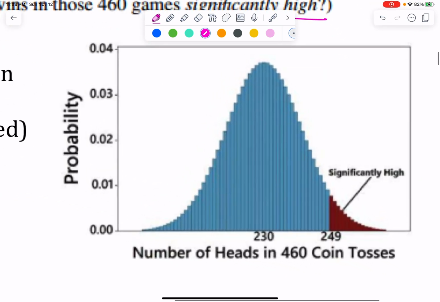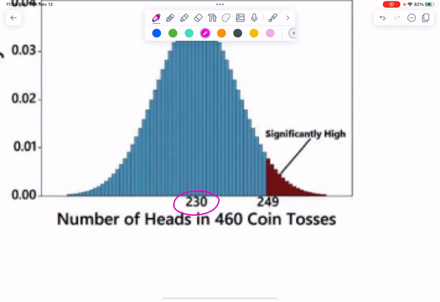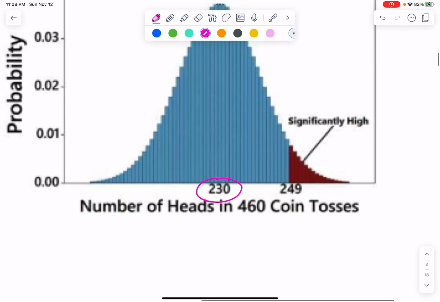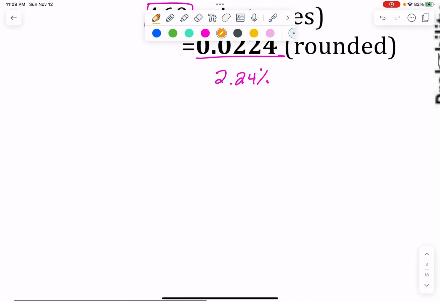Okay, they've done a little bell curve out here. 230 would have been average, right? 460 games, I should have 230 result in heads, 230 result in tails, but I've got 252, which is on the extreme end of things. That is only happening 2.24% of the time.